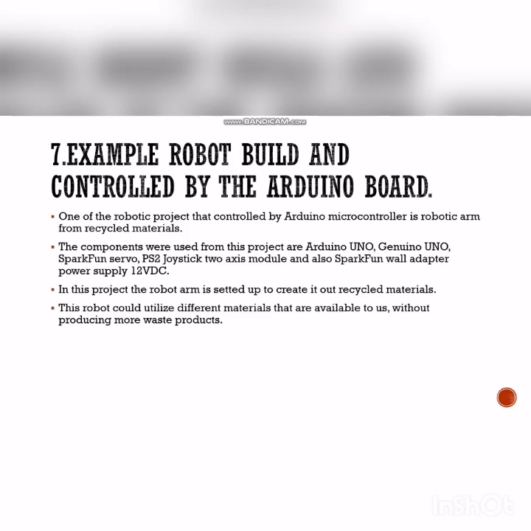The components used here are the Arduino Uno, SparkFun servo, PS2 joystick 2-axis module, and also a SparkFun wall adapter power supply with a 2 volt DC output. This robot arm was set up and created out of recycled materials. This robot can utilize different materials that are available to us without producing more waste products.